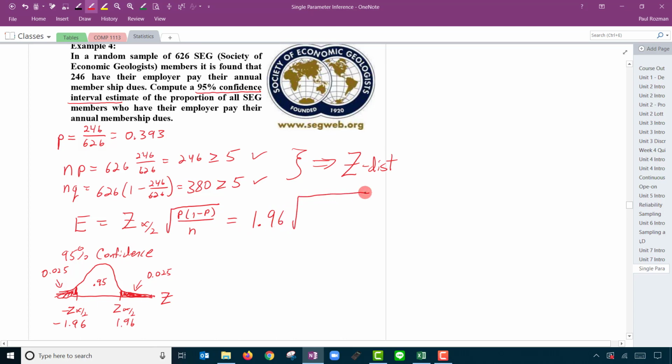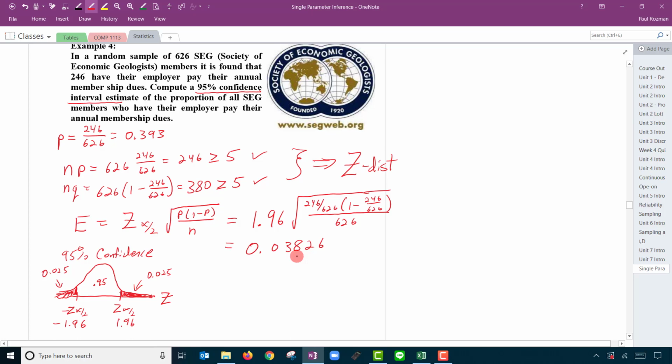Go through our calculation here. After punching this stuff into your calculator, you end up with 0.03826. So roughly 3%.